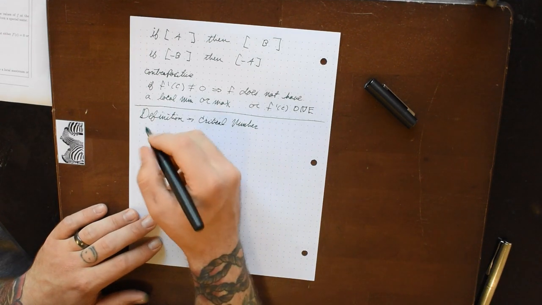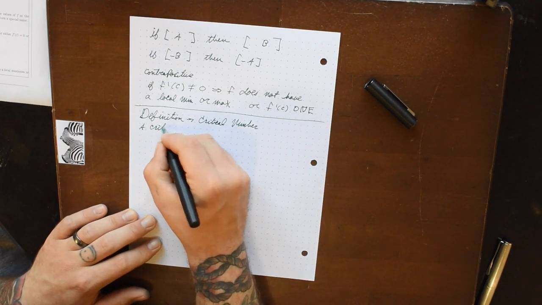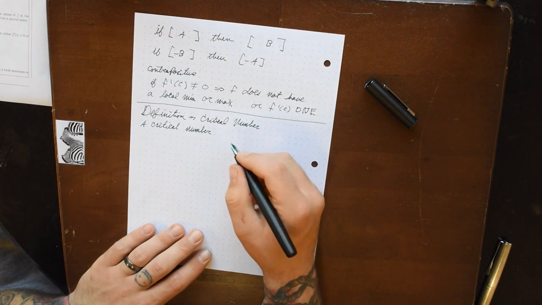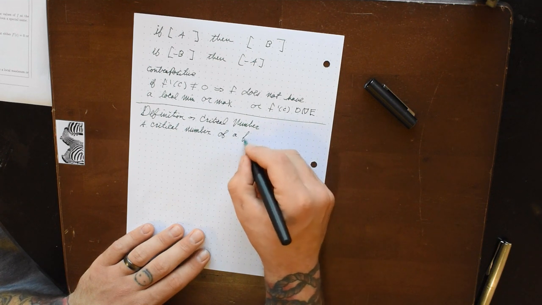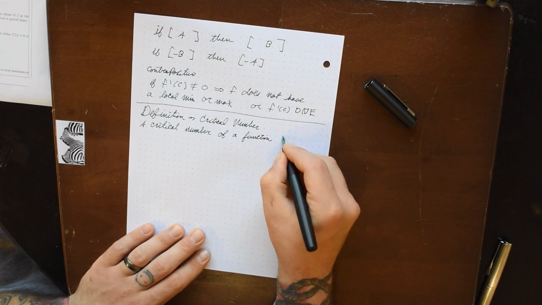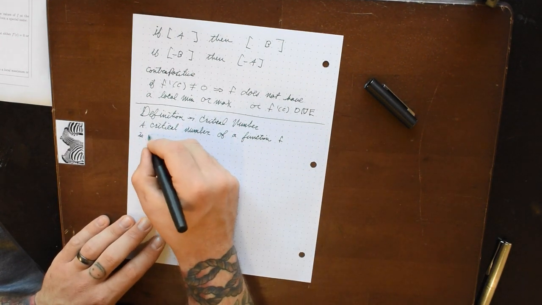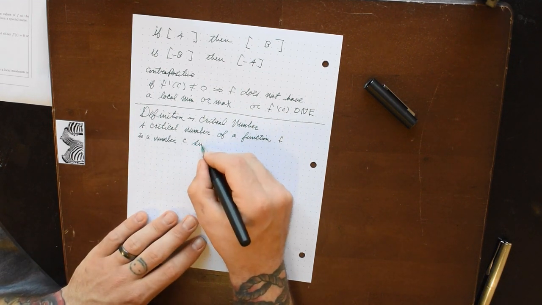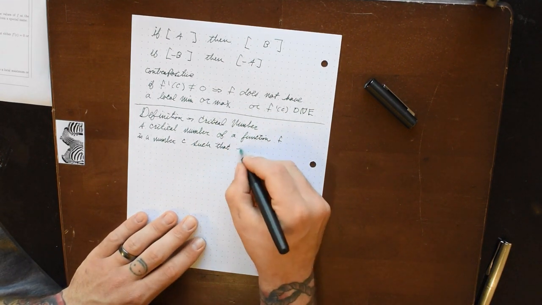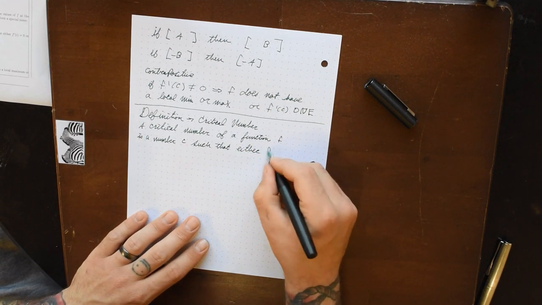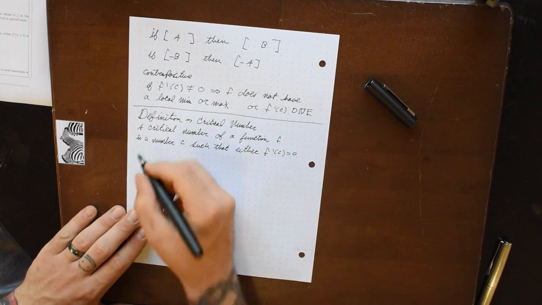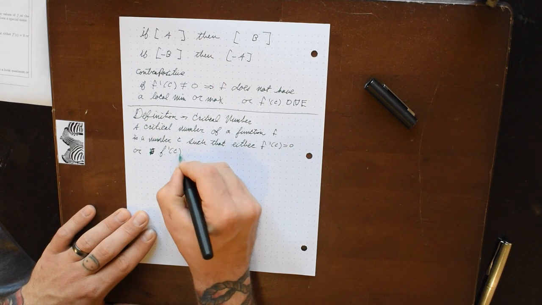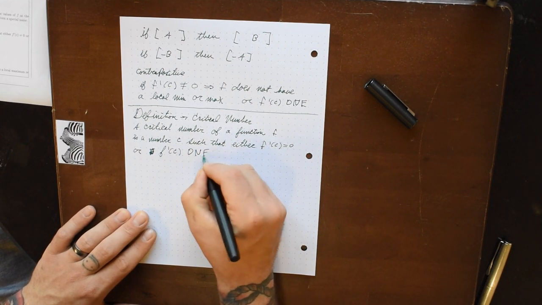A critical number of a function f is a number c such that either f prime of c is equal to 0 or f prime of c does not exist.